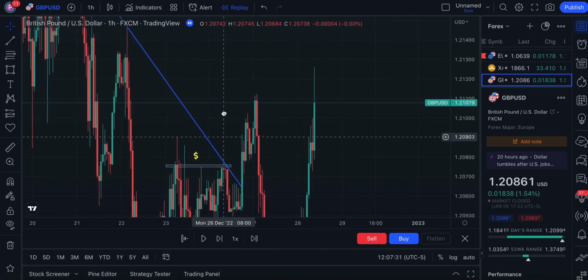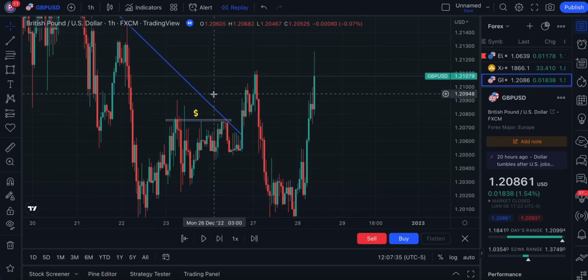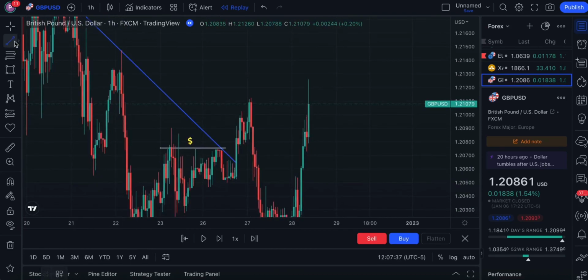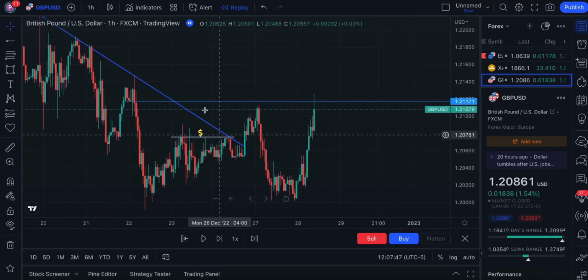What happened was price rejected off that level, then price grabbed all that liquidity. And what I was watching was price to come to this order block after it grabbed that liquidity for a nice sell after grabbing liquidity.